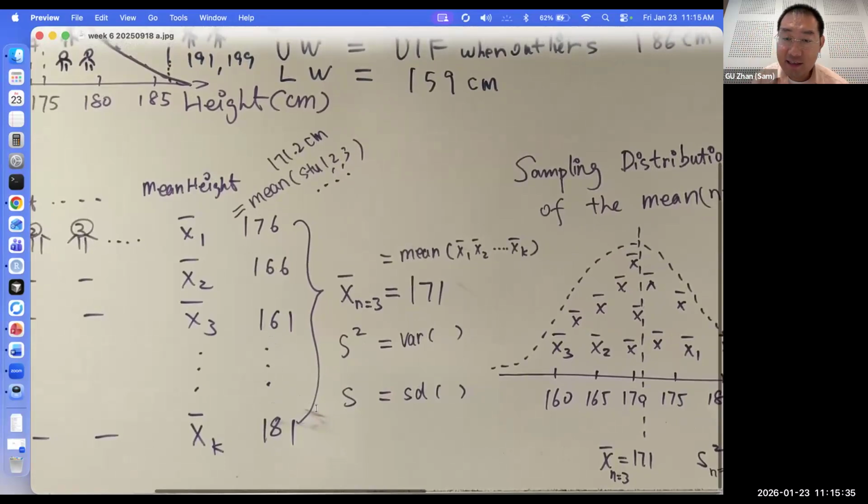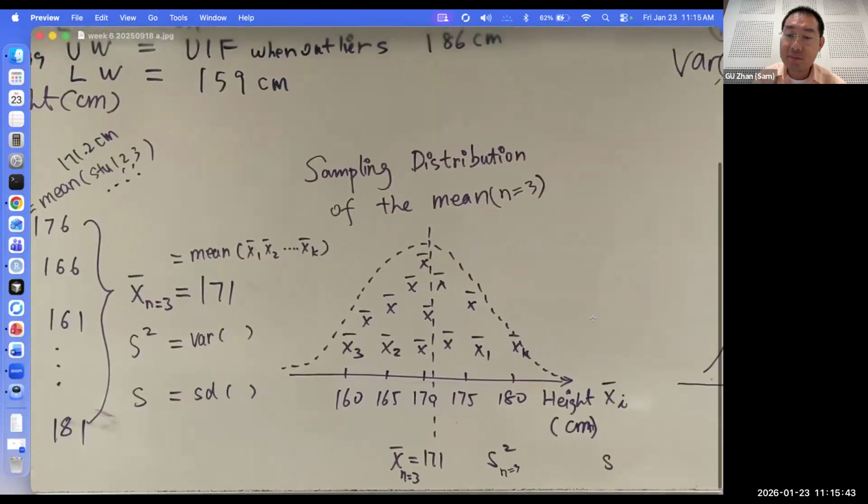Then after that, for these 1000 sample means, the average heights, we can put them into a new distribution. We can construct a new distribution called average height. The x-axis of this distribution is the average height.